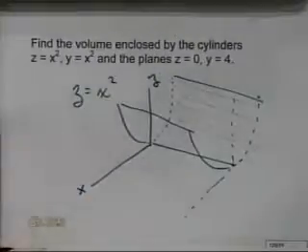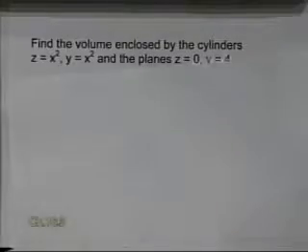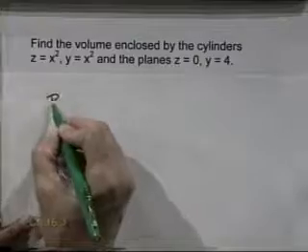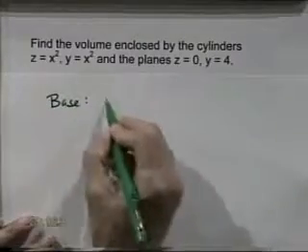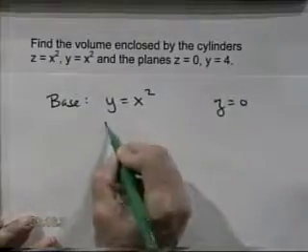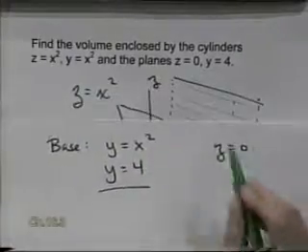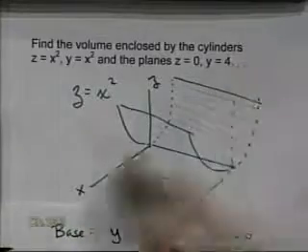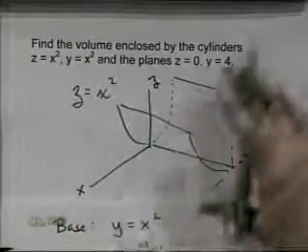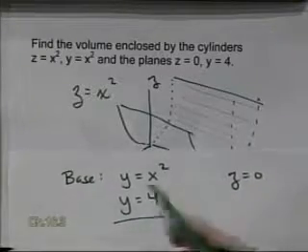All right? Now, where's my base? My base is in the xy plane, right? So my base is formed by y equals x squared, z equals 0, and y equals 4. This is just saying your base is in the xy plane, because z equals 0 is just that xy plane. And then we're going to look at these guys in the xy plane.